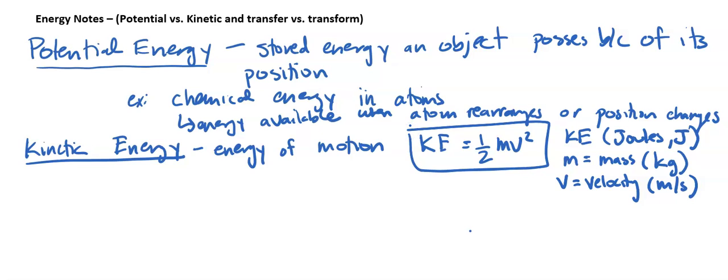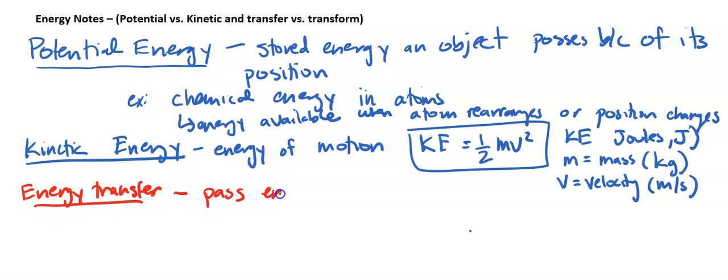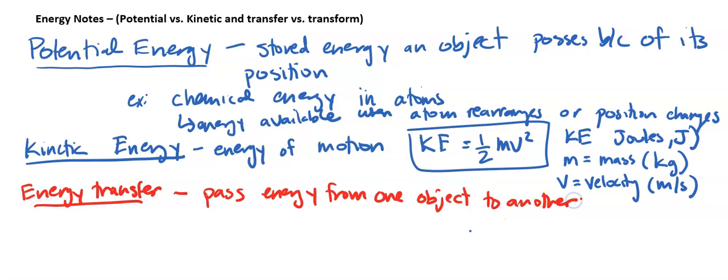Cool. So now let's talk about energy transfer versus energy transformation. When we think of energy transfer, that is going to be when we pass energy from one object to another. And the transfer of energy is going to be called work.